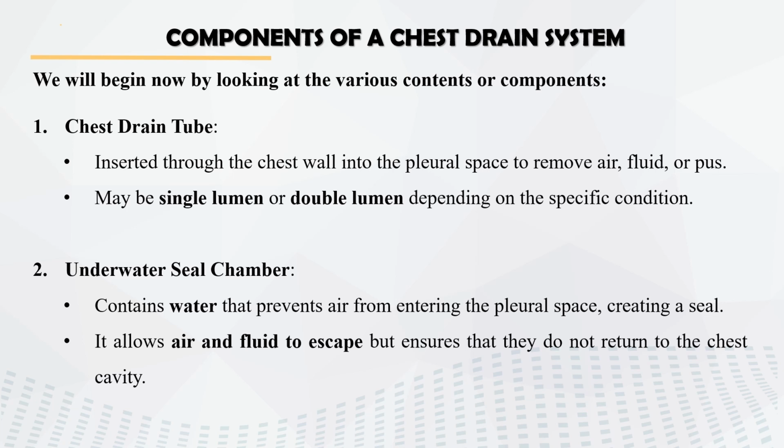One thing you have to know about the chest is that it has a negative intrathoracic pressure, and what that means is that it has the ability to receive a backflow of air or fluid into the chest. So what this tube does, since it's dipped into the water, is prevent air from going back into the chest region.